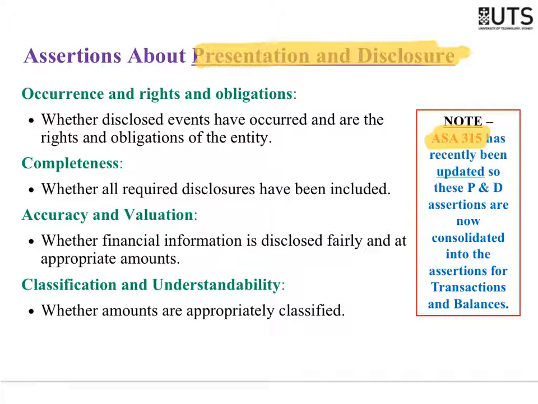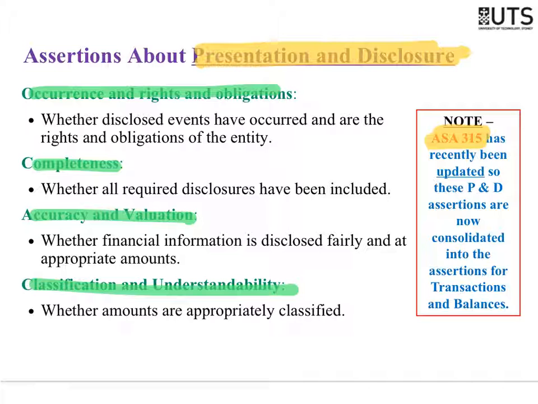But for the purposes of your learning and consistency with the textbook, we will keep it to the three categories. As I said before, our focus will be on the first two: the income statement transactions assertions and the balance sheet account assertions. As you read this, you'll notice the wording is very similar to what we've already gone through. I'll let you have a read of that, but again, the focus will be on the other two, okay?